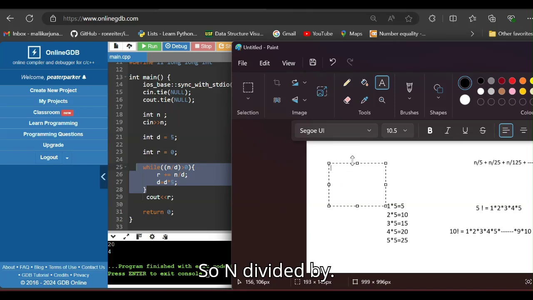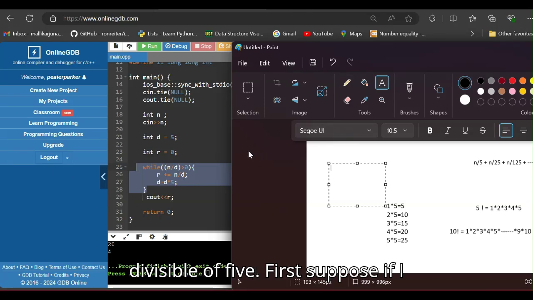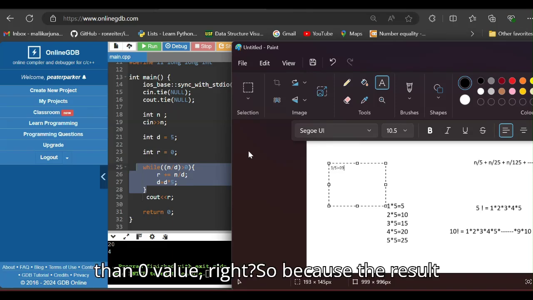So n divided by 5: first I make sure that the given number n is actually divisible by 5. For suppose if I give you 3, 3 divided by 5 gives a coefficient of 0, right?